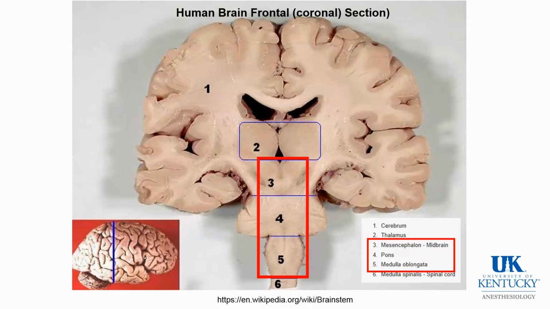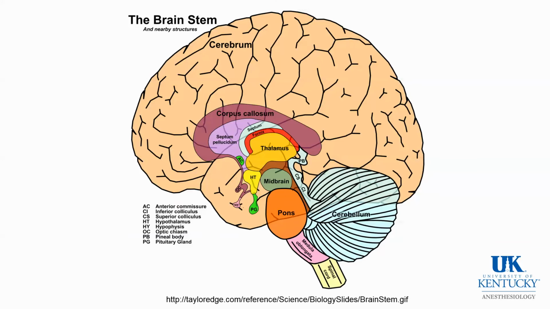This section of the brain shows the location of the three components of the brain stem. These are further illustrated on these next few slides.